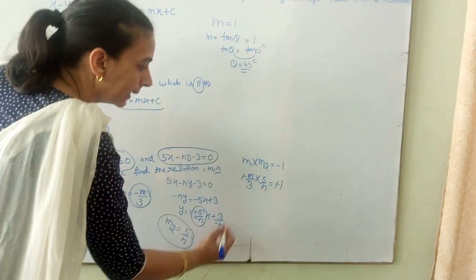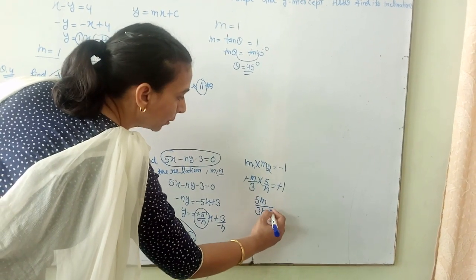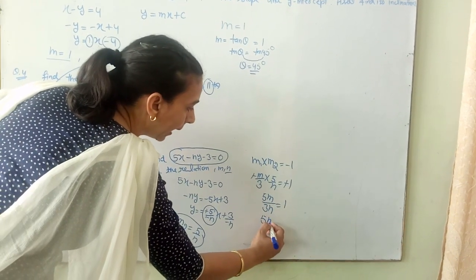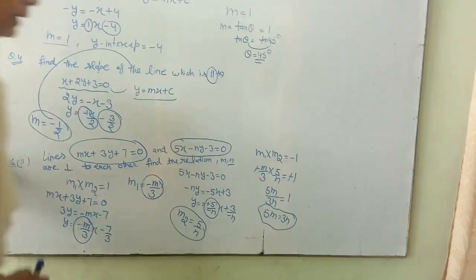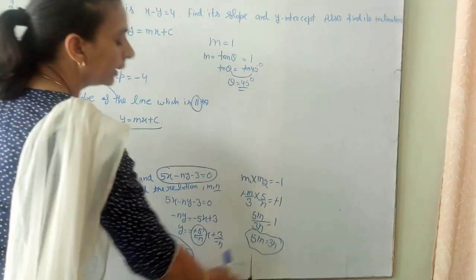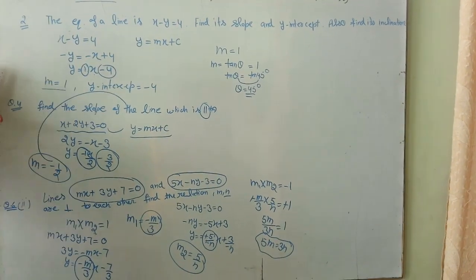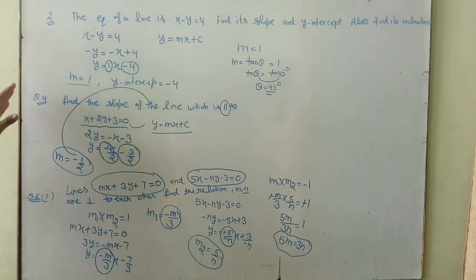Minus and minus cancel. Then 5m by 3n equal to 1, so 5m equal to 3n. Then there is the relation between m and n: 5 times m equal to 3 times n. These are some questions from exercise 14D.